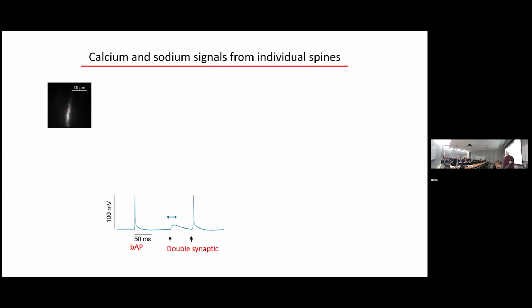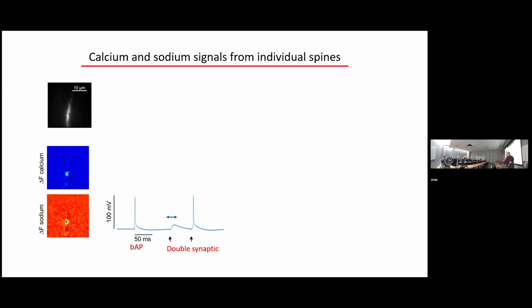So then we're going to take an image of this field with both the calcium and the sodium indicator dyes, and we're going to take the difference image between a point before and after the synapse. This will tell us the change in the sodium and calcium when this synaptic stimulation is made.